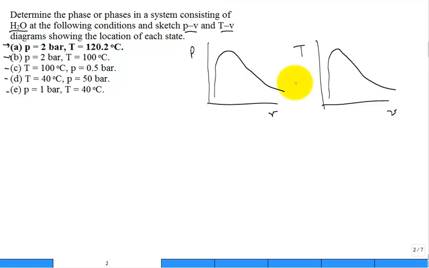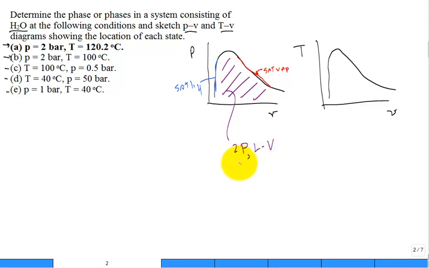And you have all of these sequence of states here are saturated vapor states along here, and all of these states in here are saturated liquid, very steep, saturated liquid states. And inside the dome, these are all two-phase liquid vapor.